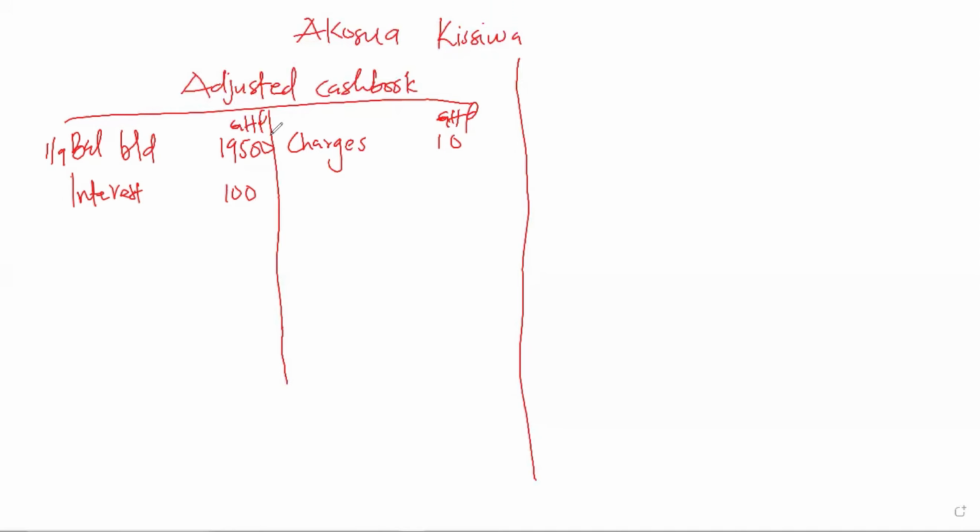So that is all. When you're able to do this, you are done preparing your adjusted cash book. Let's balance this. When we balance this, you get the total here to be 19,600.